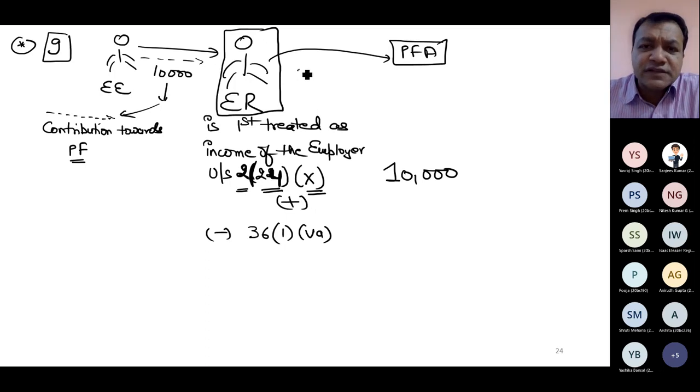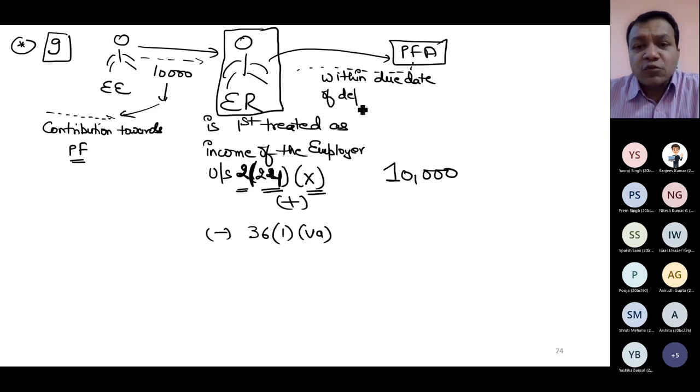And when he transfers this amount to the PF authority within the due date of depositing the amount of employees with the designated authority, it is not the due date of filing return.